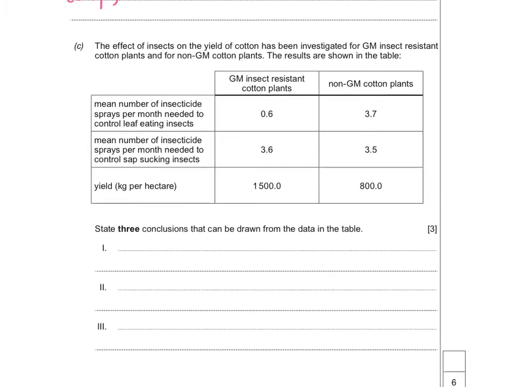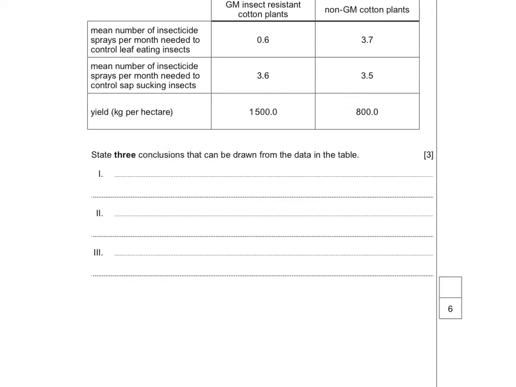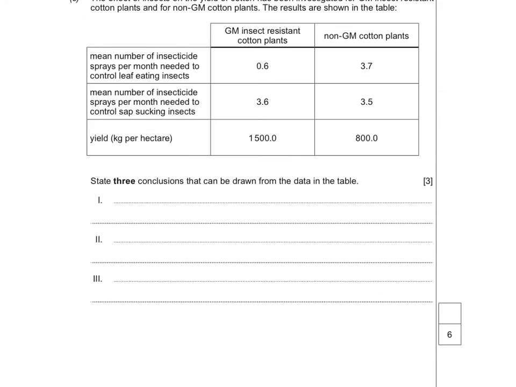The effect of insects on the yield of cotton has been investigated for GM insect-resistant cotton plants and for non-GM cotton plants. The results are shown in the tables. Give 3 conclusions that can be drawn from the data in the table. So let's look. The mean number of insecticide sprays per month needed to control leaf-eating insects is 0.6 in GM and 3.7 in non-GM. Then the mean number of insecticide sprays per month needed to control sap-sucking insects, and the yield.